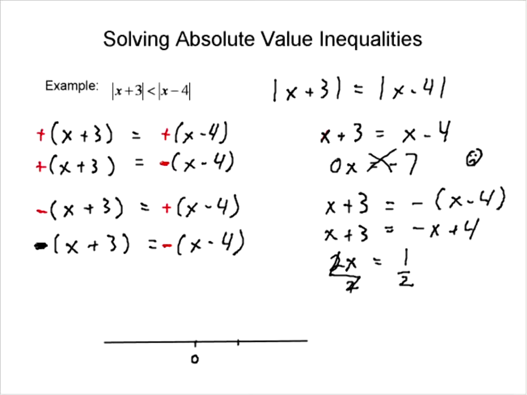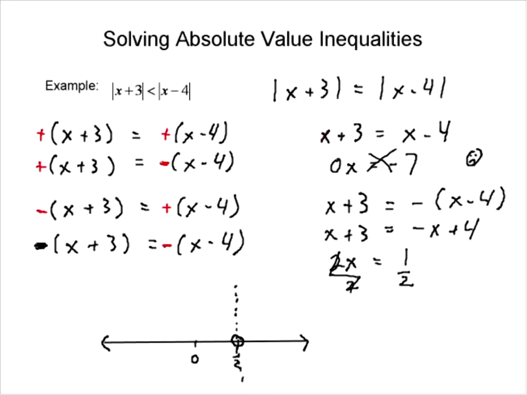So let's call this 0, and let's say this is 1/2. It's not going to be equal to, because the inequality is strict, so there's going to be an open dot, and we're just going to test points on either side.